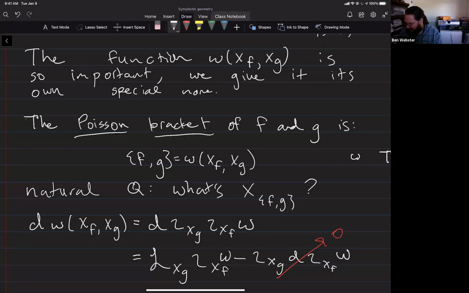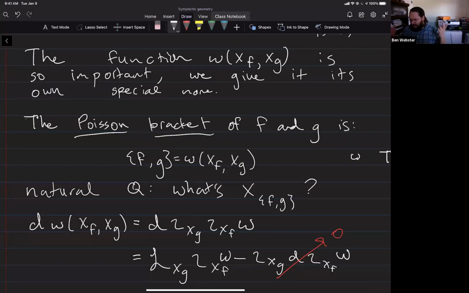All right, so this is going to be a slightly involved calculation. I need to motivate it a little bit, but I think it's a natural question. I put in two functions. I do this operation that involves taking their Hamiltonian vector fields, and I get out a new function. Well, this whole lecture is about whenever you have a function, try whacking it with this operation of turning it into a Hamiltonian vector field.